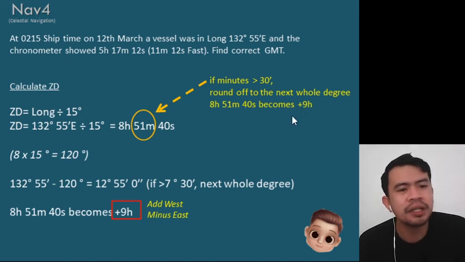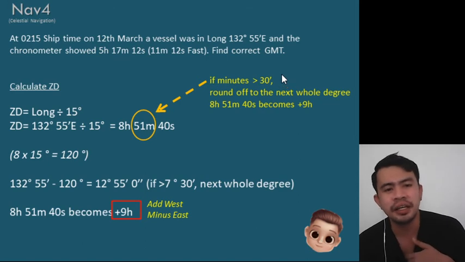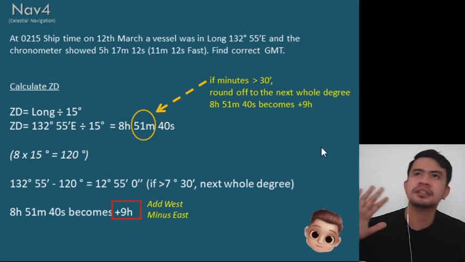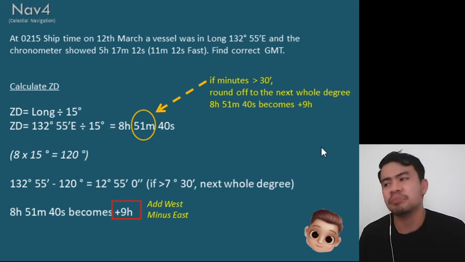At saka, bakit plus? Bakit plus siya? Kasi, ito, kung babasahin natin, longitude siya na east. So, ang gagawin natin mamaya sa kanya is, kumbaga, ang sa time zone niya is plus 9. No?